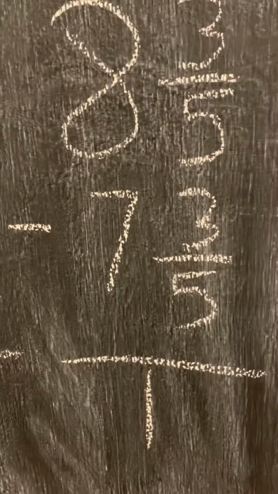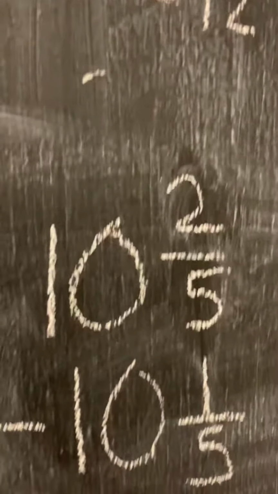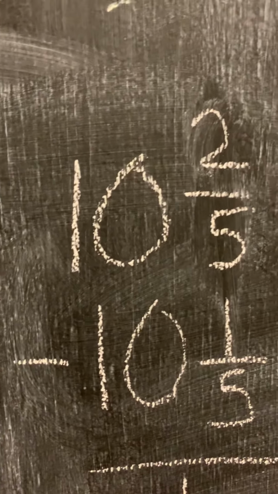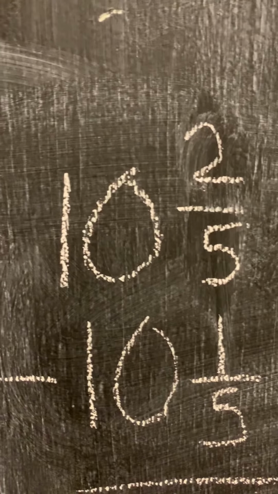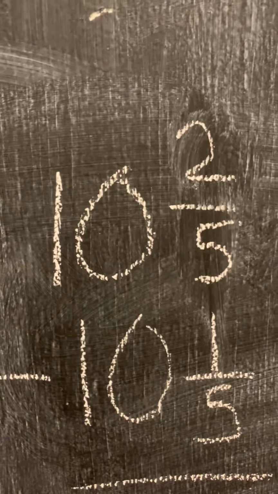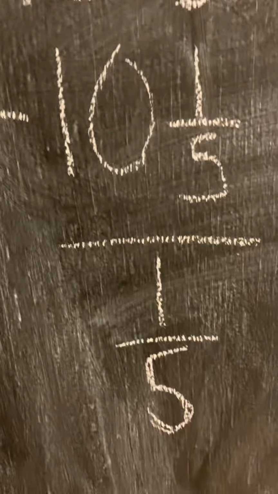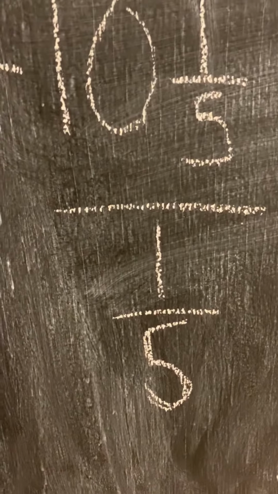Answer is 1. And then our last one. 10 and 2/5 minus 10 and 1/5. 10 minus 10 is 0. 2/5 minus 1/5. 2 minus 1 is 1. Final answer, 1/5. There you go.